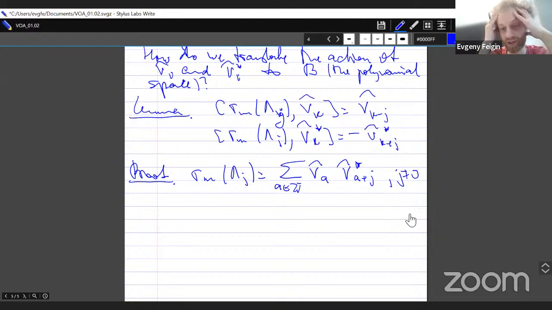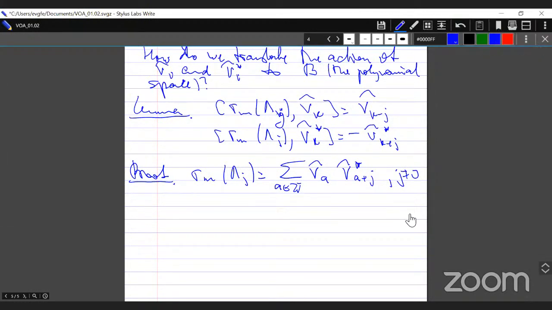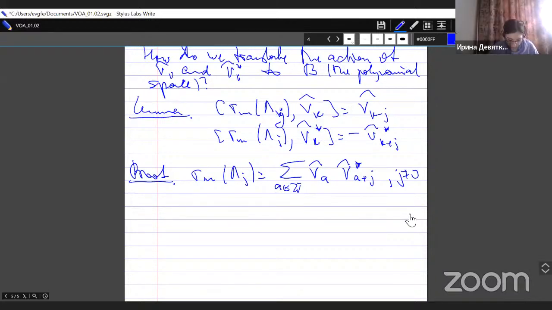But actually, how to say? No, I'm sorry. For lambda 0, what is R of lambda 0? It is a number, so it commutes. It changes the charge, so... So are these formulas correct for lambda 0 or they're not?